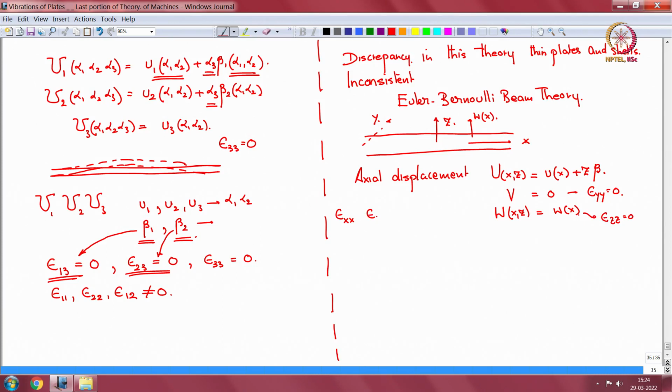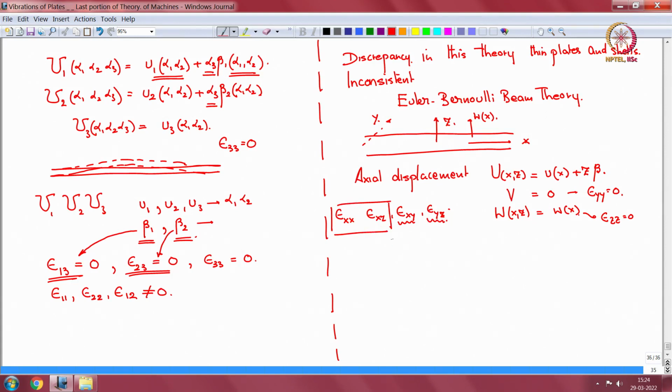Then we have epsilon xz, epsilon xy and epsilon yz. Okay. Now these two are also 0 because there is no y displacement. Okay. So now we have to look at these two.